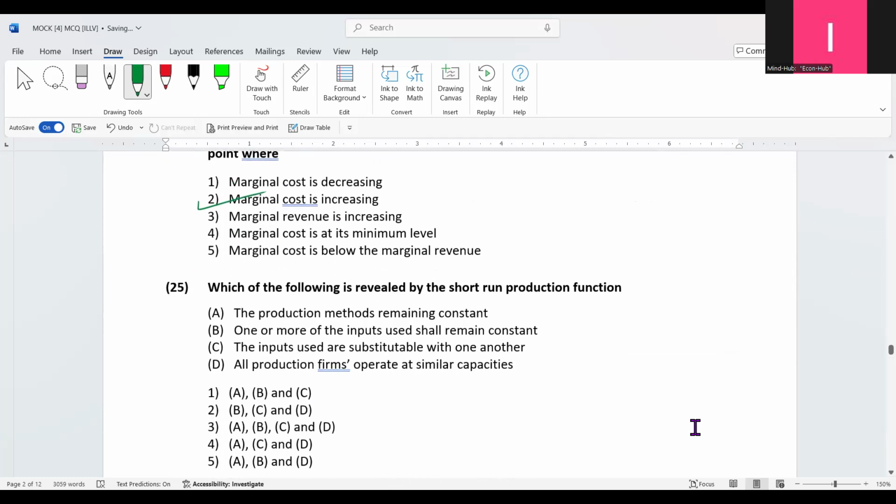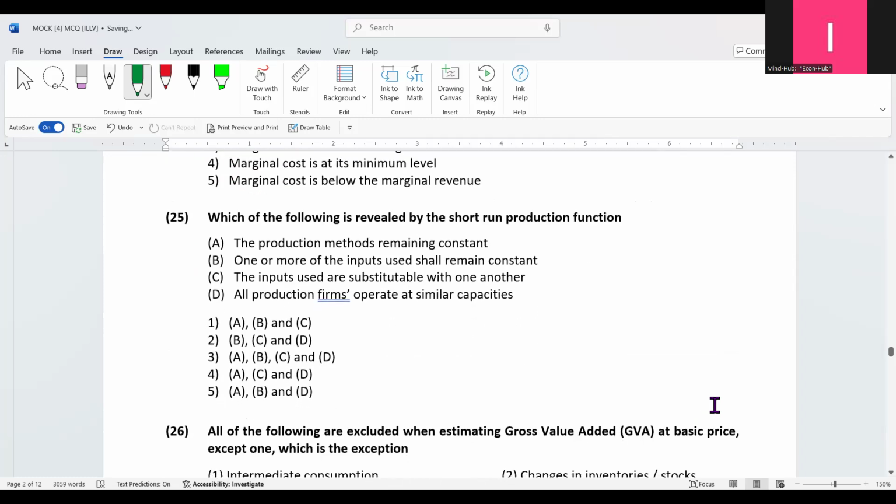Question 25. Which of the following is revealed by the short run production function? What is shown by the short run production function? The production method remains constant. Yes, that should be there in the answer.